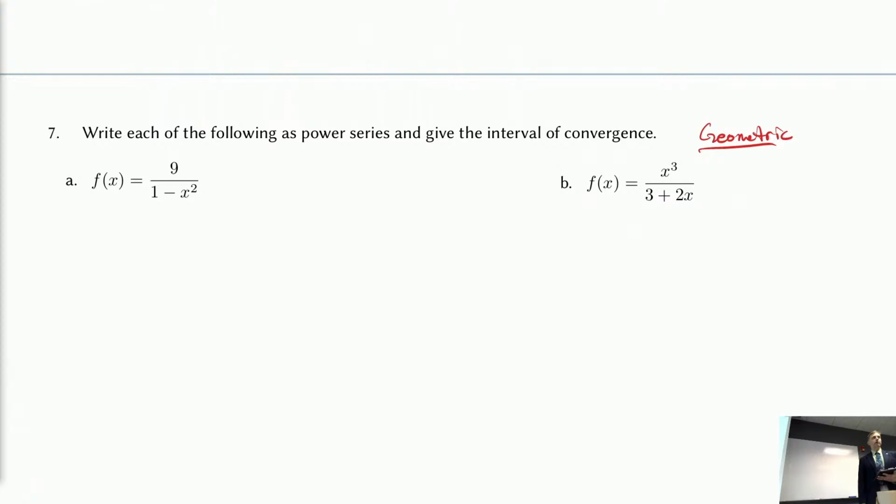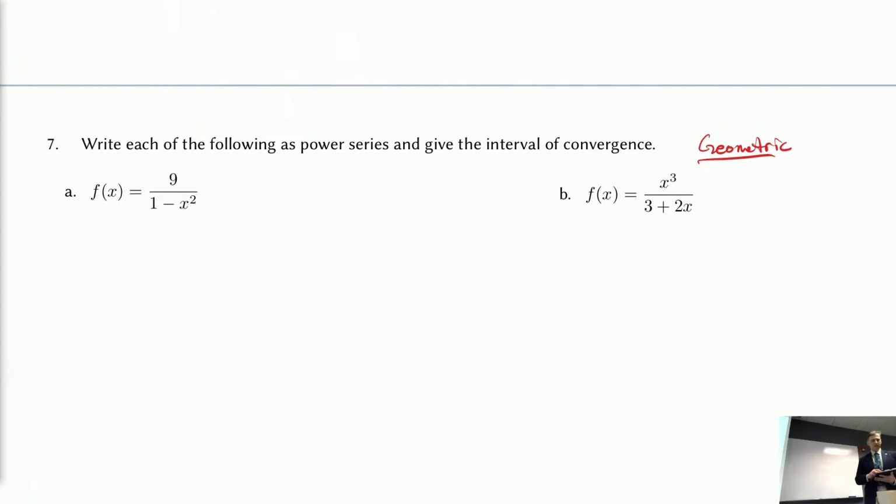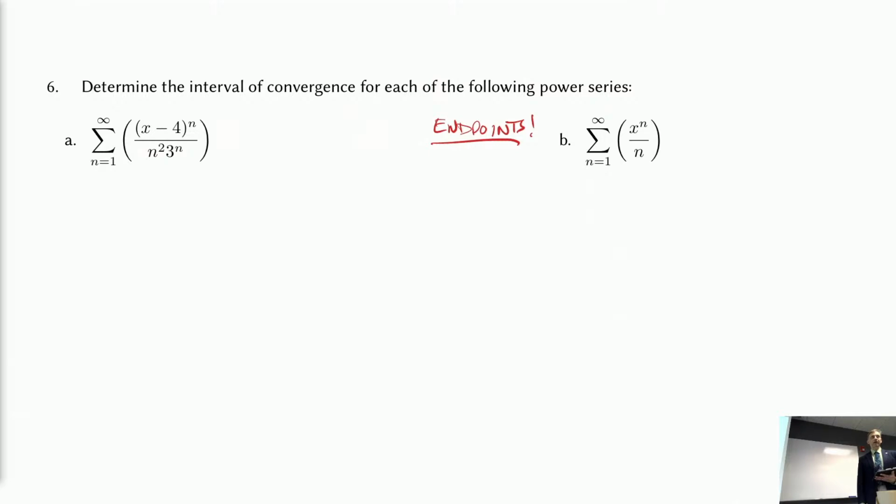But up here, you can't pretend because, in fact, this one converged at both endpoints. I know, wasn't that mean of me? This one only converged at one endpoint and not at the other. You have to check the endpoints, so be sure you do that.